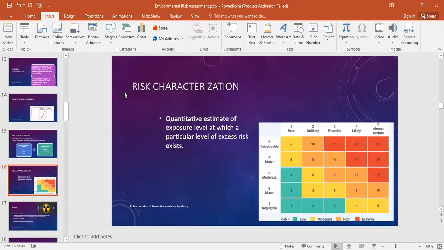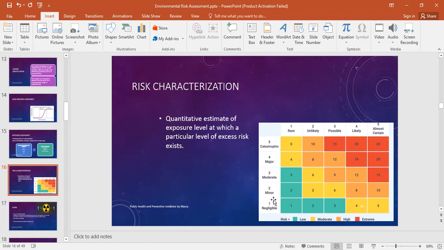Then comes the fourth phase, which is risk characterization. In risk characterization, we can do a quantitative estimate of an exposure level at which a particular level of excess risk exists. This is the grading of risk characterization.